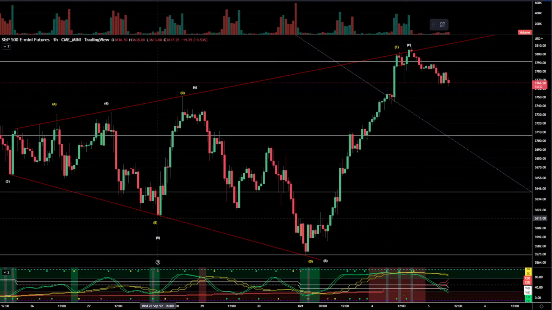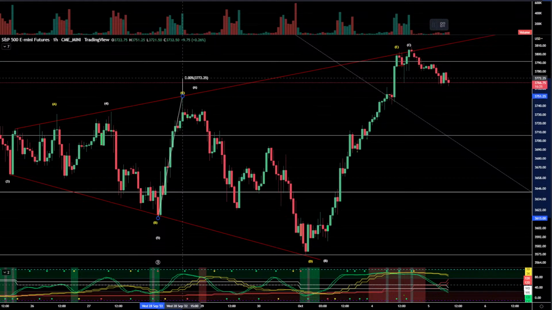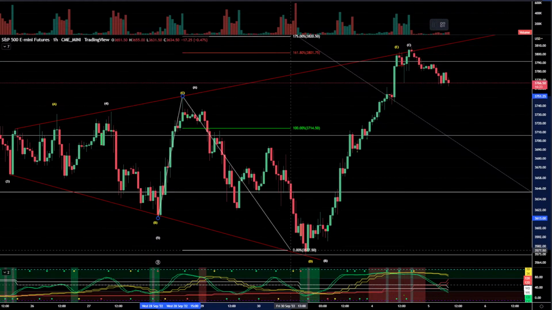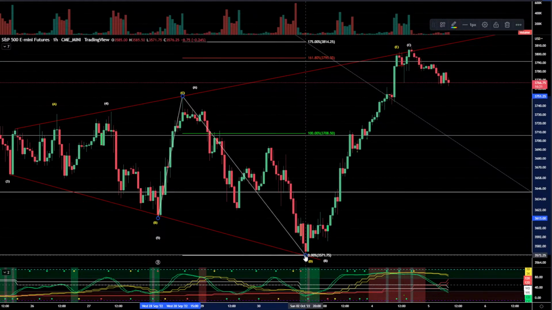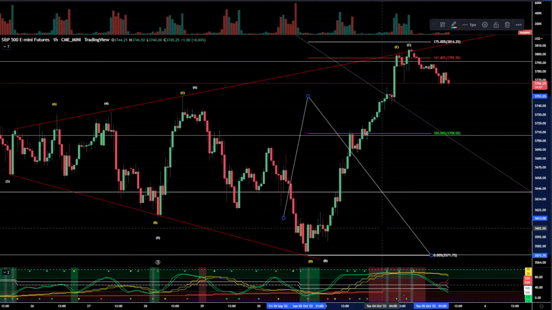I started here at the bottom of where I said yesterday potentially was the bottom of wave 5, went up to the top, which was the end of wave A, and went down to the bottom of wave B. Now, for an expanded flat, we would expect the price action to go into the 1.618 to the 1.75. Move this on over, and that's exactly where we landed. We were talking about this yesterday. That was the target. That is where we went.